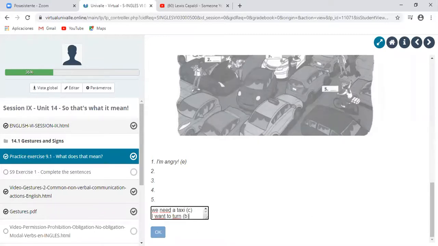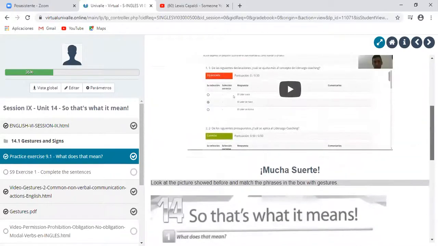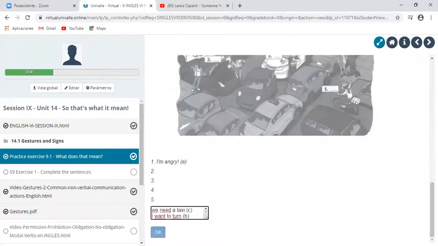I think something is happening, but this is a practice exercise, okay? So you can do it using your accounts. It doesn't allow me to submit my answers, but since this is a practice exercise, you can do it from your account, okay?